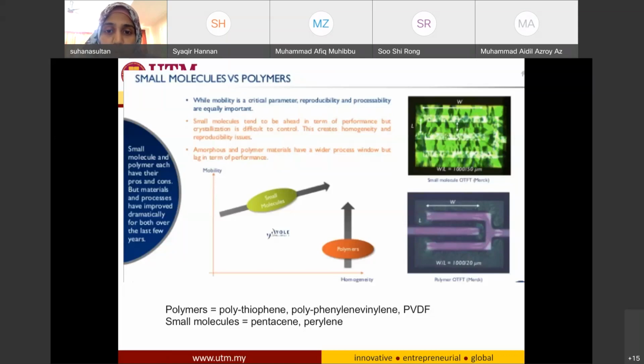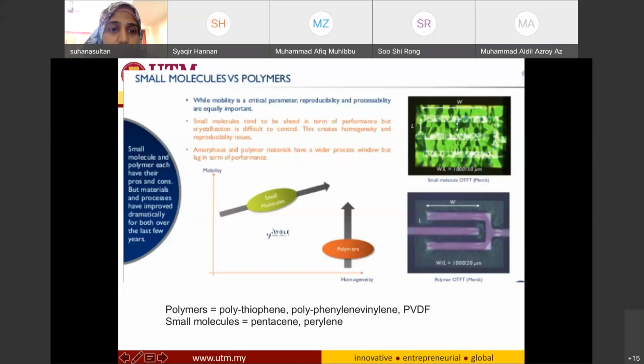They are much more uniform. The reliability of this material in terms of uniformity in the distribution of the polymer on the substrate is higher compared to smaller molecules. Here it's mentioned, reproducibility issues.